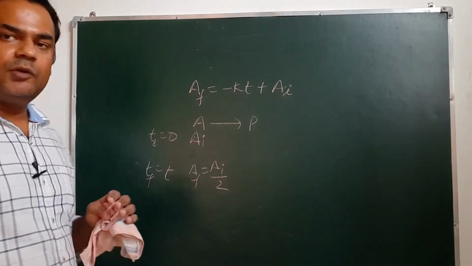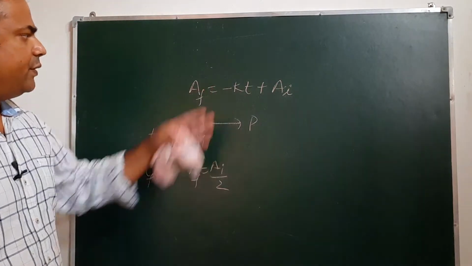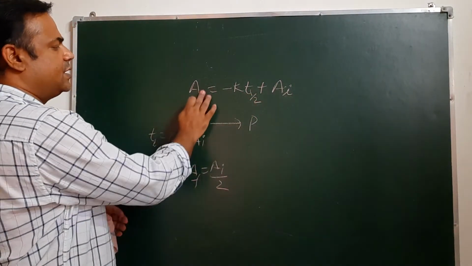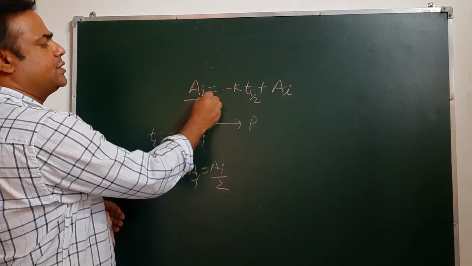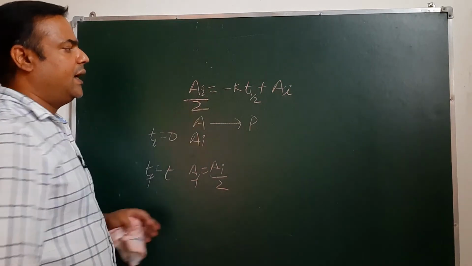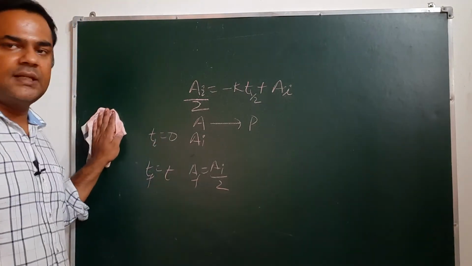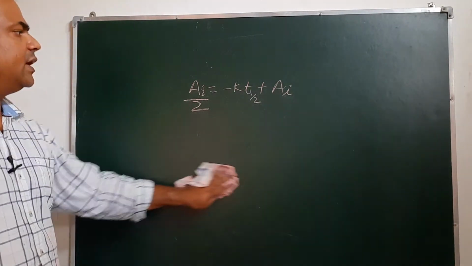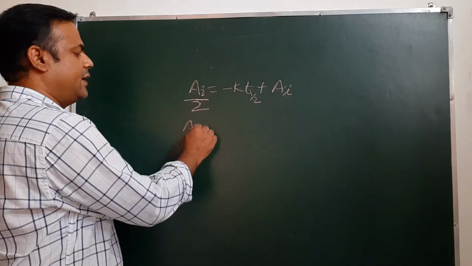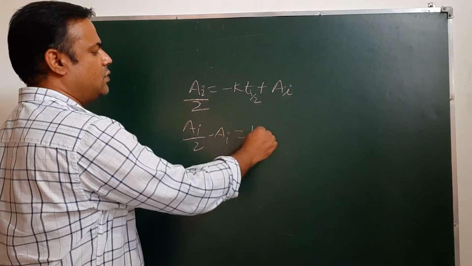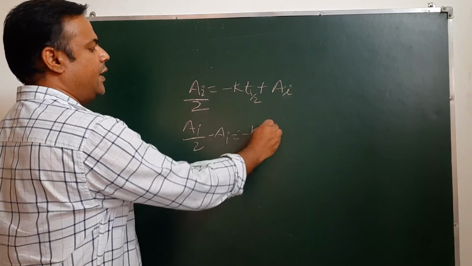the time taken here will be T half. If we write this value in this equation, the final concentration will be initial concentration by 2, and the initial concentration is A initial. Then we can write A initial by 2 minus A initial equals minus KT.